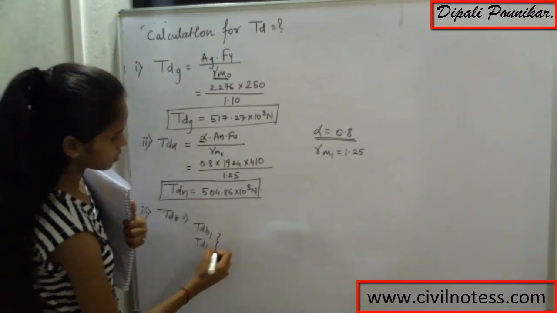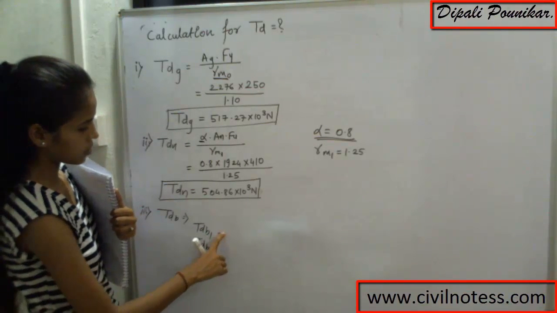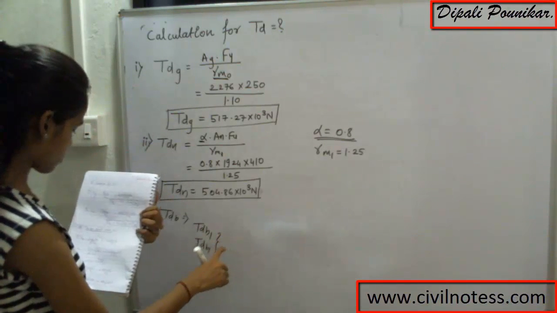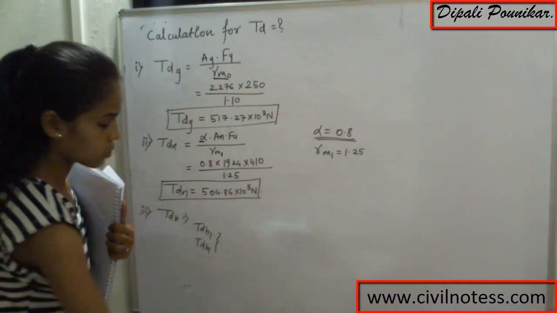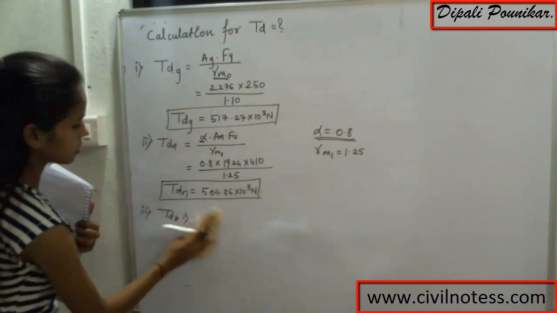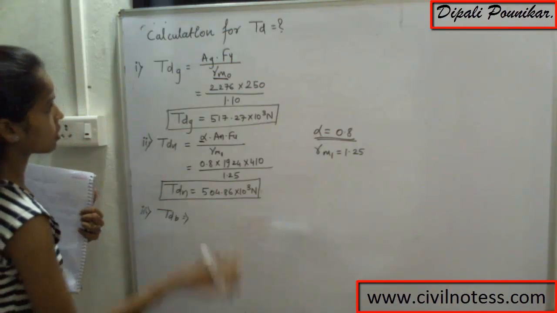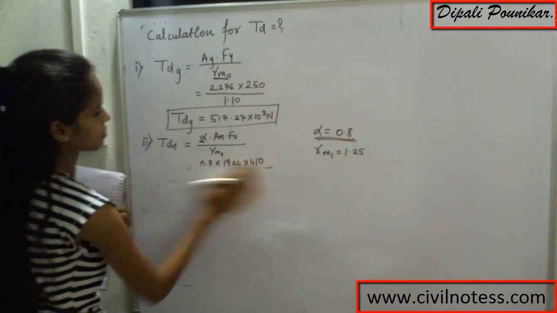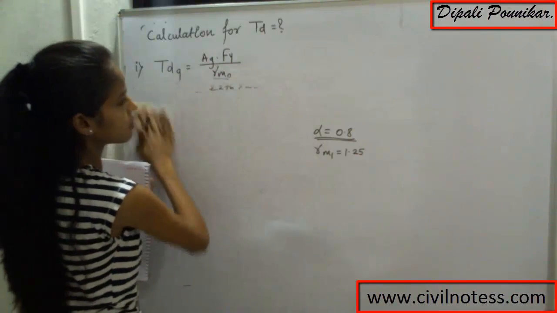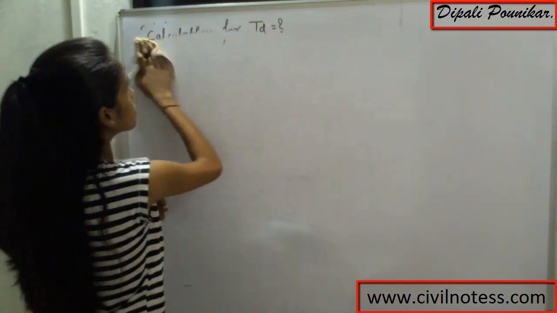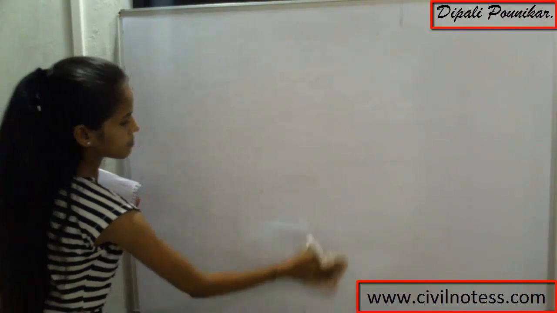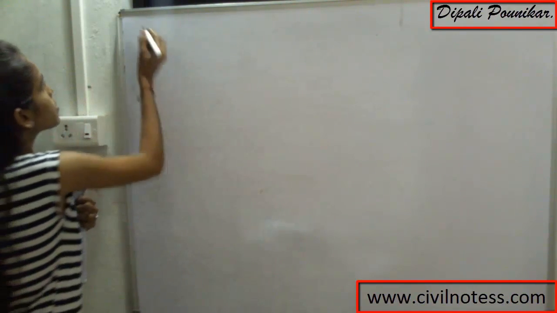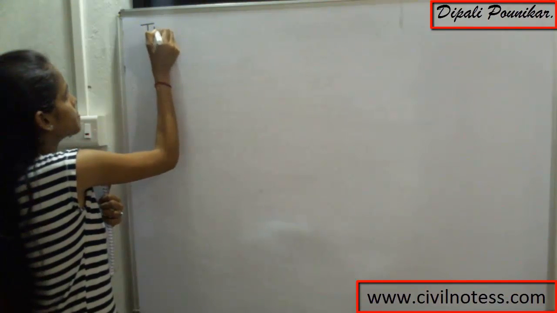We have to choose the smaller value of these two equations. So the first TDB, I have to write it first.